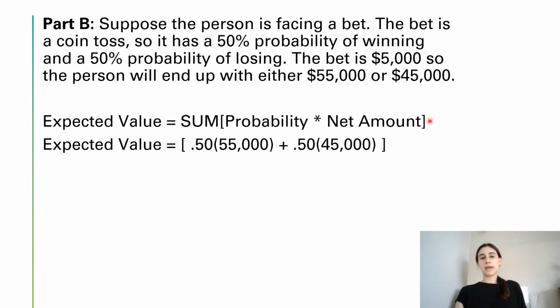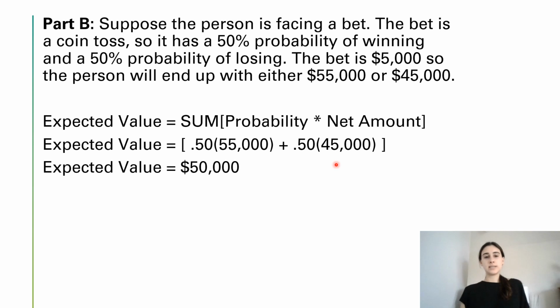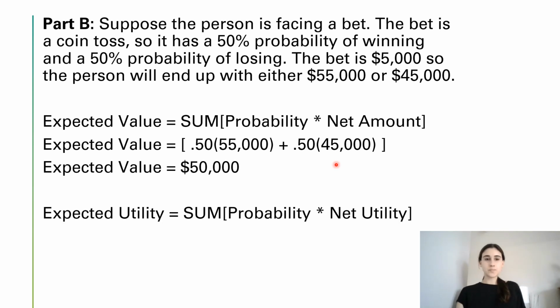The net amount they end with if they win is $55,000, and the net amount they end with if they lose is $45,000. Applying this formula, probability times net amount, I can sum them to get the expected value. In this case, the expected value of the bet is $50,000.